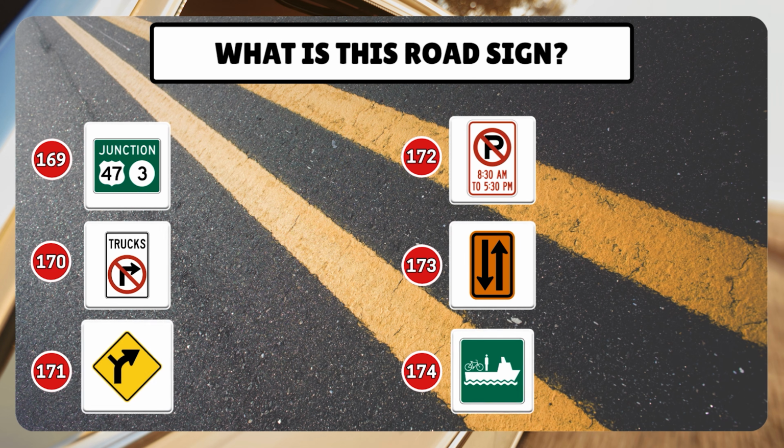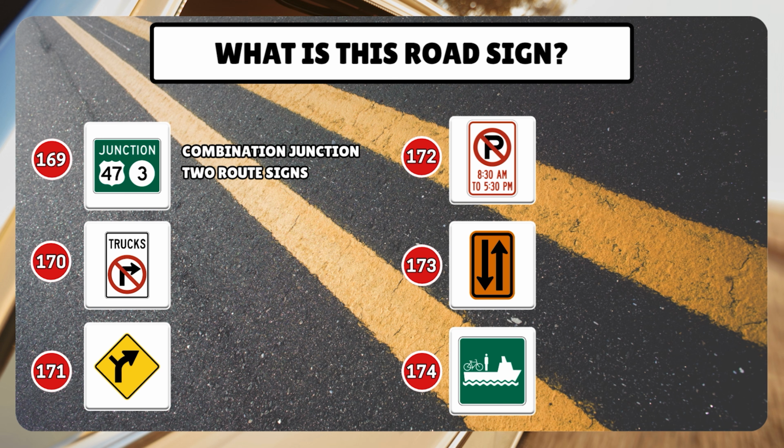Which traffic sign do you see? That is a combination junction 2 route signs. That is a no right turn for truck sign. That is a curve with side road right sign.